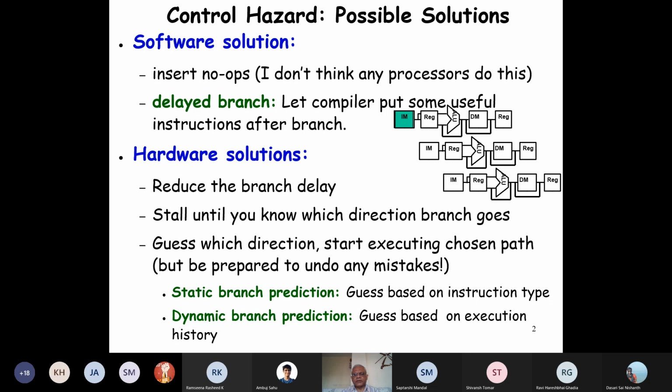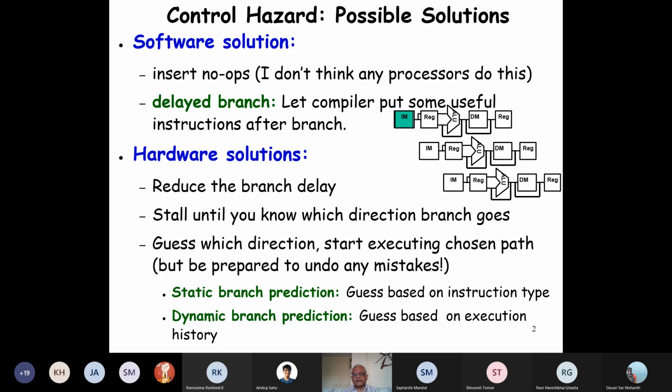Fortunately, in the simple MIPS pipeline, the branch outcome will be known at the end of the third stage, the ALU stage, because branch equal to and so on are resolved at the end of the third stage.